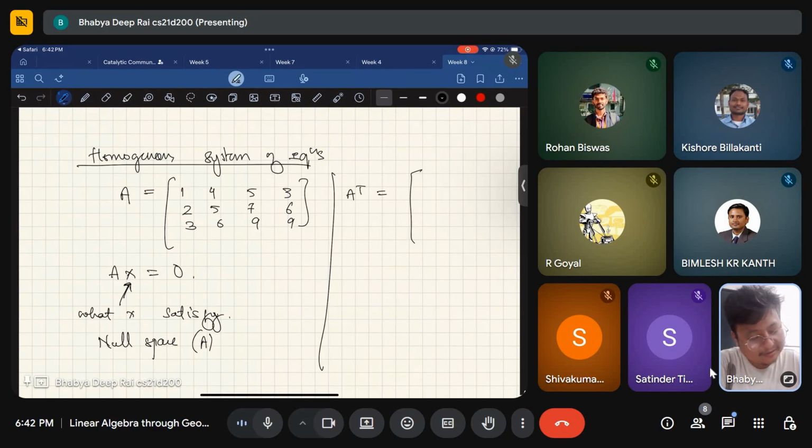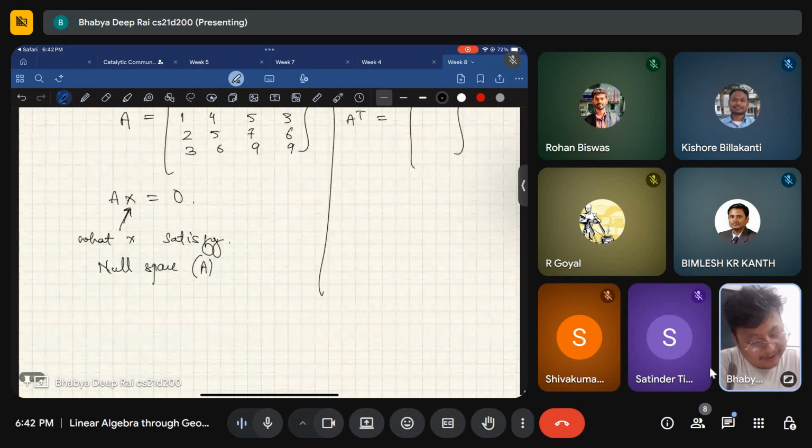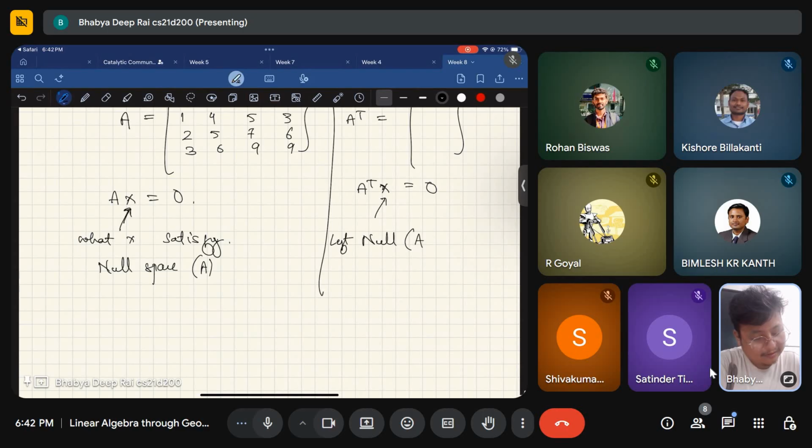A transpose is this tall matrix, no? And you ask the same question: what is A transpose X equals 0? What are these X's that satisfy this? So this is nothing but the left null space of A.